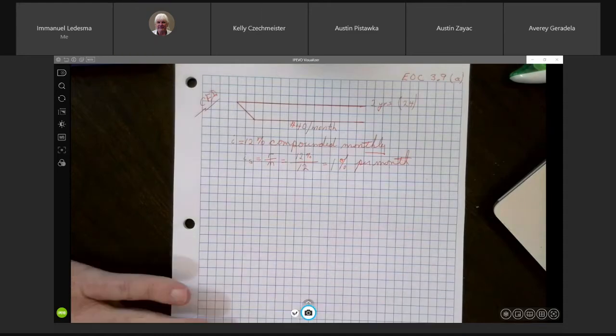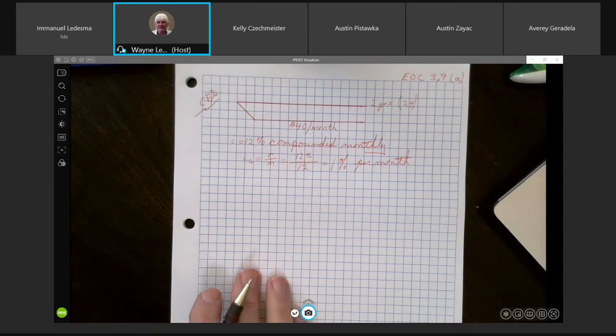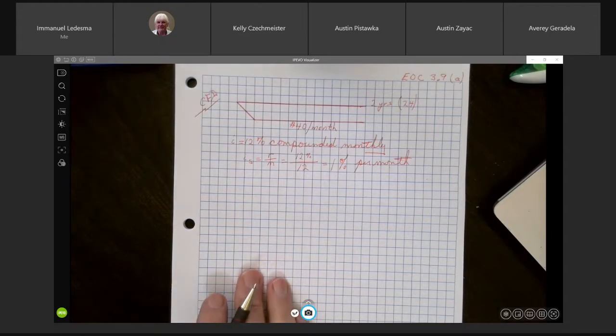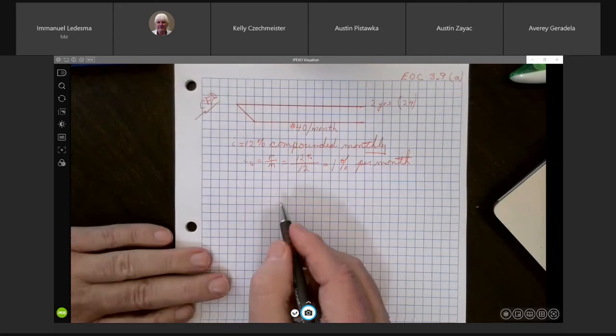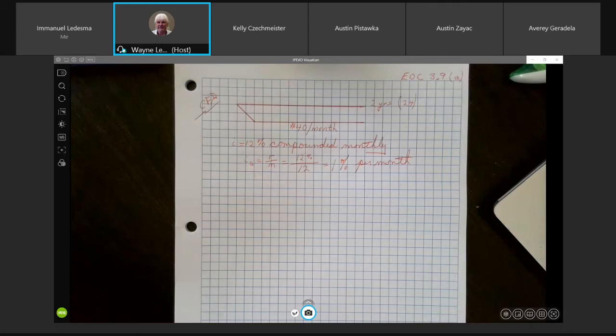So as far as the formula goes in this case, we're looking, and I'll just pose the rhetorical question so you're thinking this way. What are we looking for here?